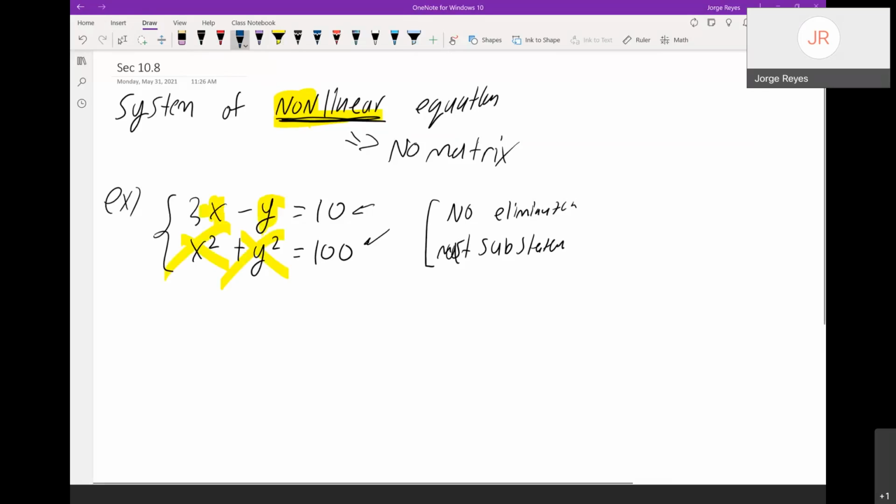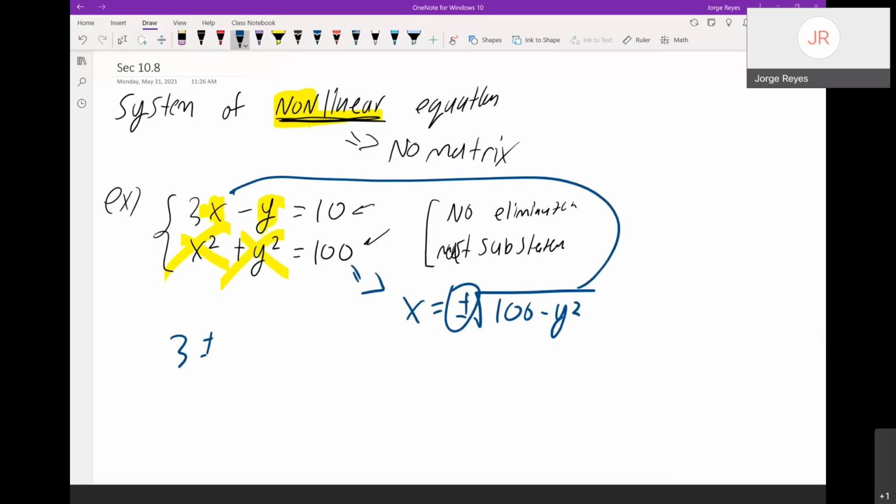Because if you pick the x squared or the y squared, so let me solve for x here, you're going to get this plus minus thing. So then when you plug it into here, you're going to get 3 plus minus square root 100 minus y squared minus y equals, you don't want to solve that. Like you can, you should know how to, but that's way too much work. Okay, so that's why you don't want to pick a quadratic term to solve for.